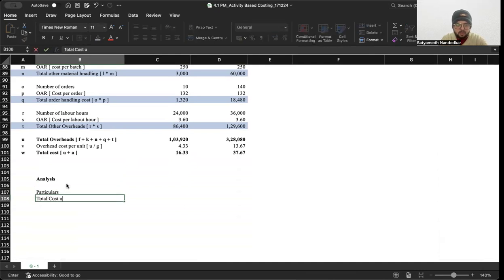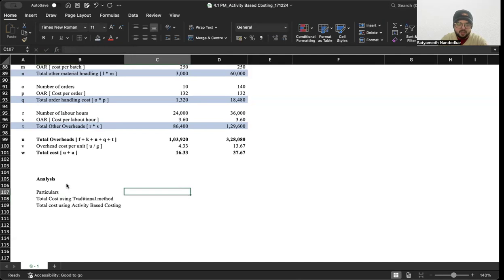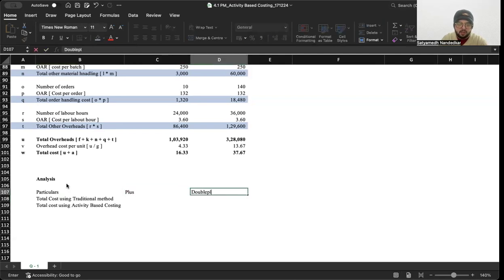Total cost using traditional method, and we'll have total cost using activity based costing. Let's do that separately for plus and separately for double plus.